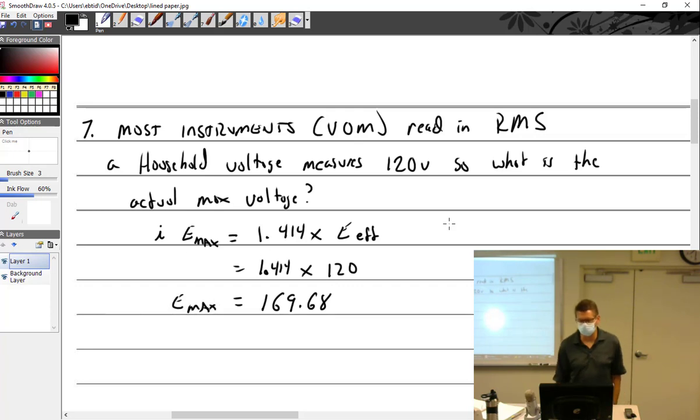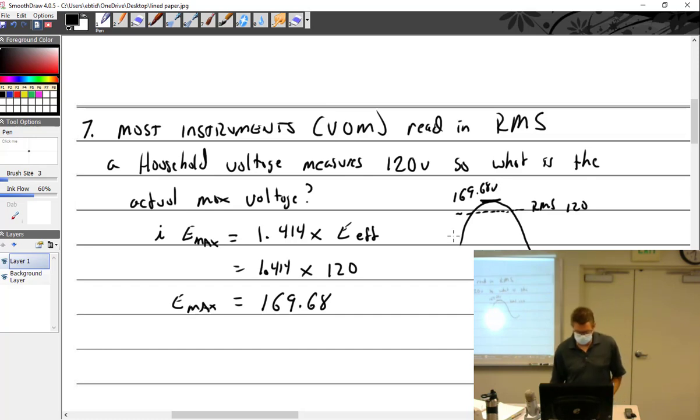So if we looked at it on an oscilloscope, we would see it going up like that and then back down, and we would say RMS is right about here at 0.707, so that's what we're going to read on our meter, and that would read 120, and up here is the peak, which would be 169.68 volts.